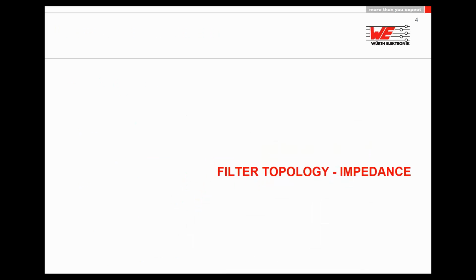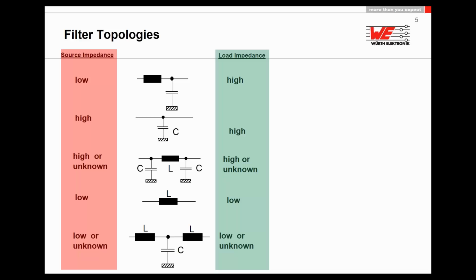First of all, we have to take care about the different filter topologies, because you have different system impedances. If you are connecting low system impedance with high system impedance, normally I always start with an LC filter.